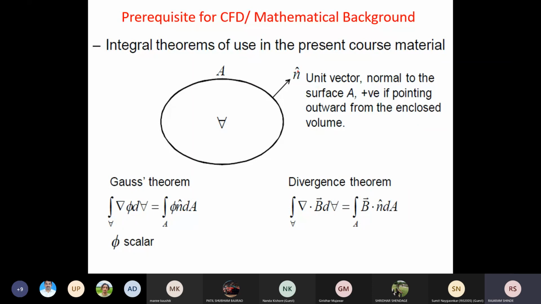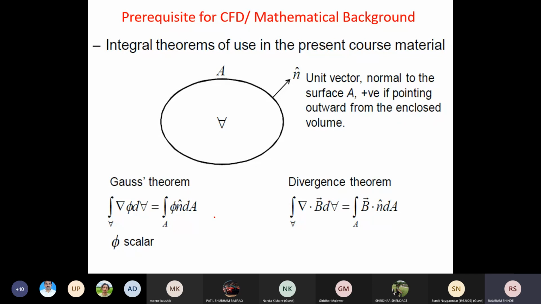Means if we consider the velocity going outside the controlled volume or outside the surface, it is considered positive, and coming inside the control surface is considered negative. Okay. Now in this situation, if you want to convert the volume integral to the area integral, we have to use these two theorems.